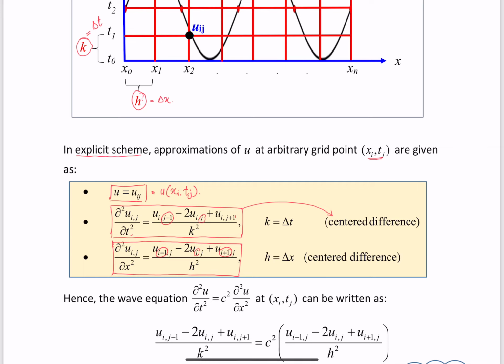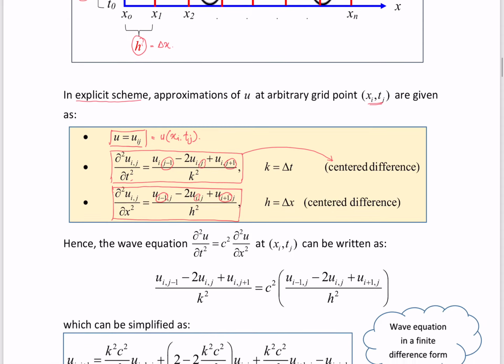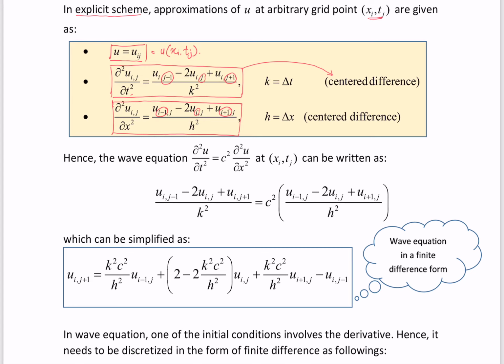There's a difference between partial square u, partial t square, and also partial square u, partial x square. And then our wave equation now becomes this equation, what I put in a red box.